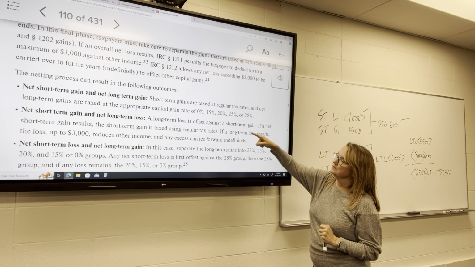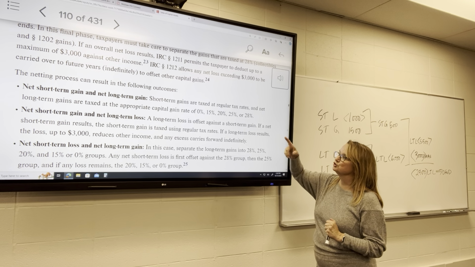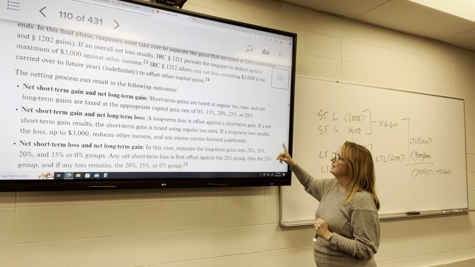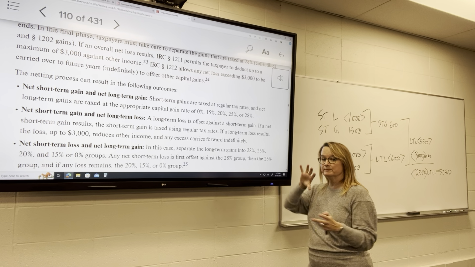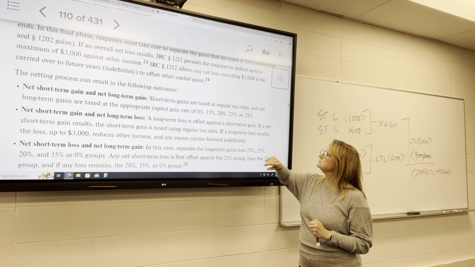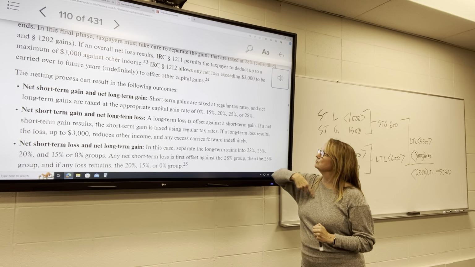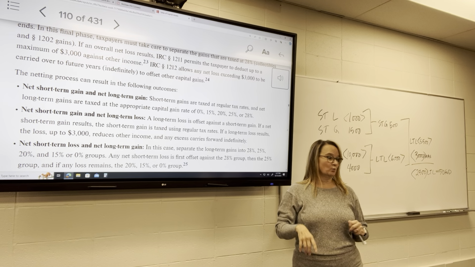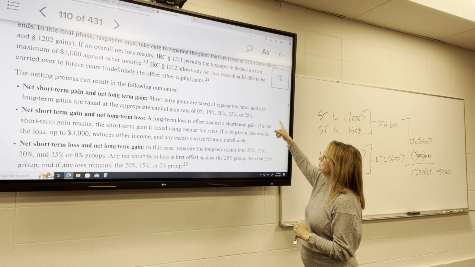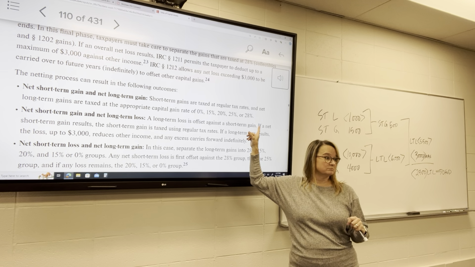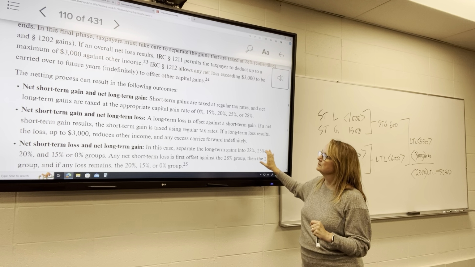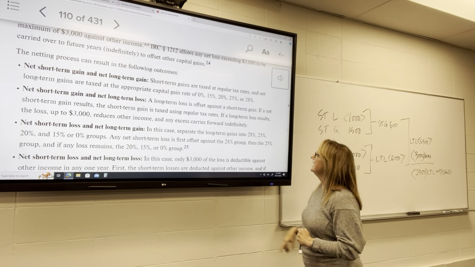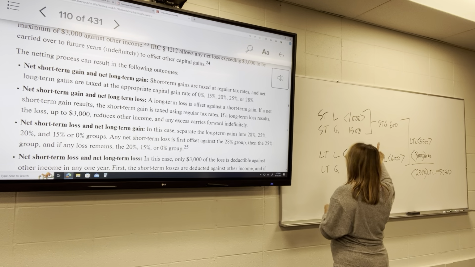So here are the possible outcomes: short-term gain and long-term gain. That would be if we had both gains. Short-term gains would be taxed at regular tax rates, whatever the ordinary tax rate is. Long-term gains are going to get one of those preferential tax rates. Short-term gain and long-term loss, that's what we had here.